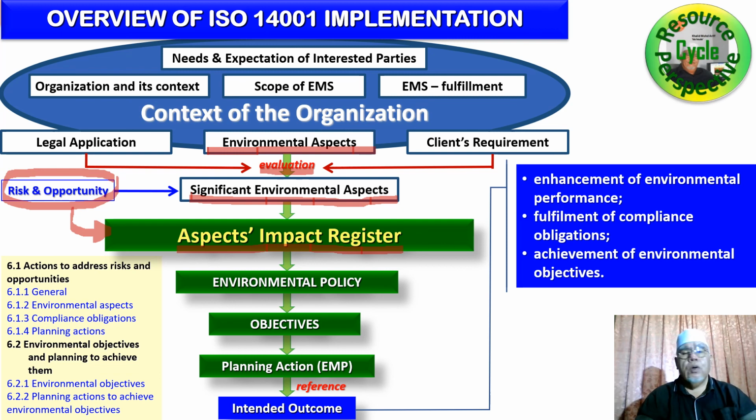Top management, you've got to be there, steering committee, EMR, look at all this, and then you have all their respective environmental aspects listed accordingly, nicely in sequence of process or in sequence of process flowchart, whichever is applicable to you. The standard is quiet about how you do it.